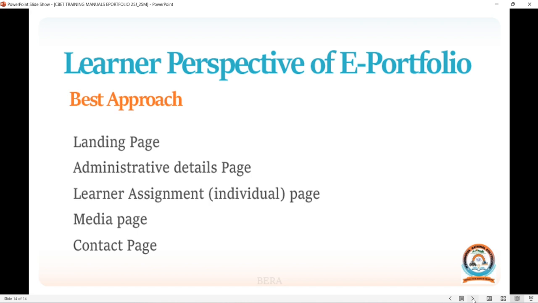The media page is going to capture all the pictures, random pictures, maybe videos, anything you were doing around the school. This can include extra co-curricular activities like games and any other things you feel are important to include in your e-portfolio. And last is going to be the contact page.